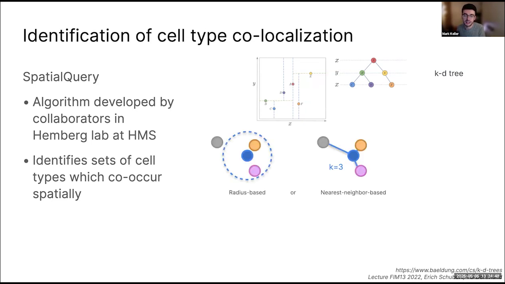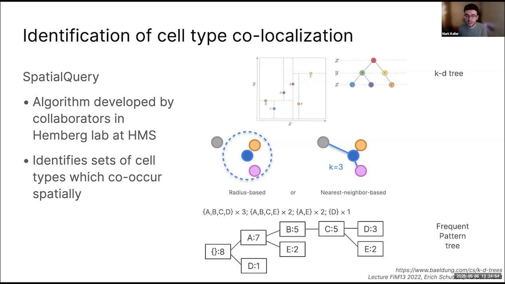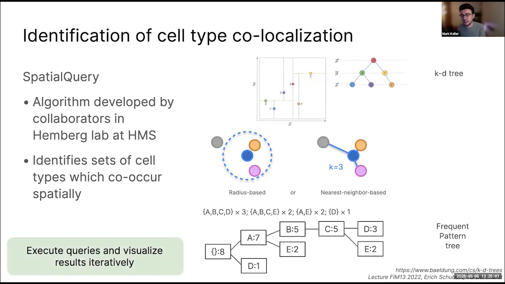And then this also enables either radius-based or nearest neighbor-based queries. And then it builds a frequent pattern tree. And this enables very fast queries, which we can then visualize.